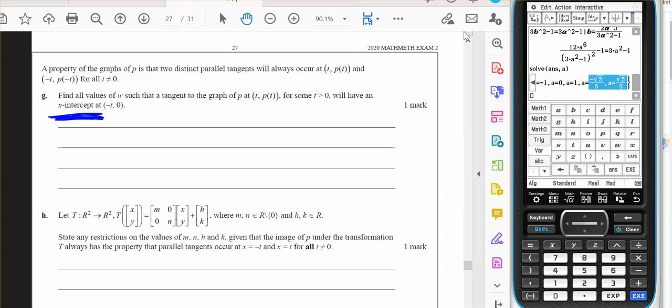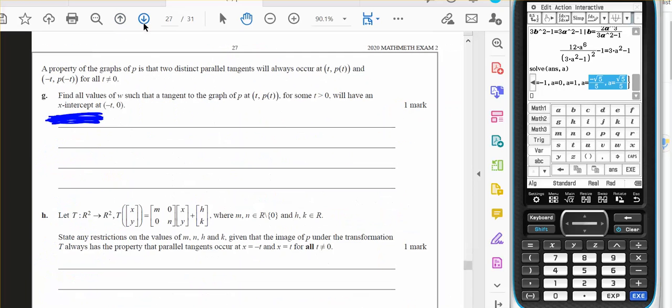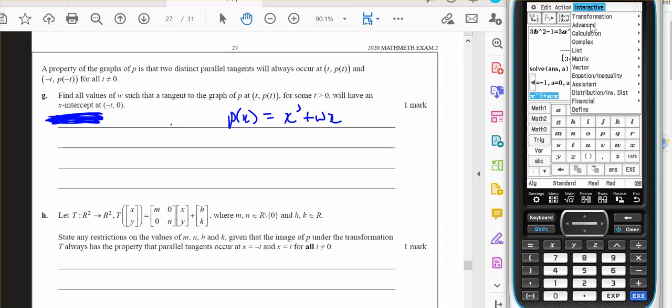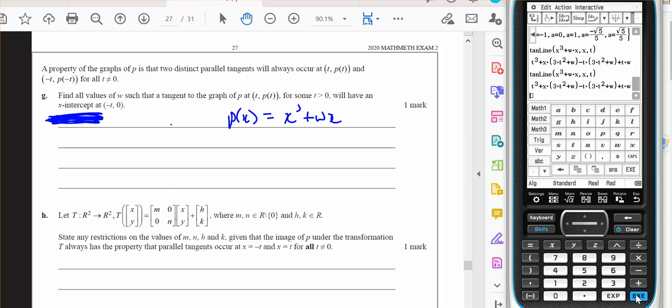Bingo, I'm going to use this knowledge again, and I find the tangent line at t, and I simplify that, and I then find the x-intercept of that, so make that answer equal 0, solve for x.